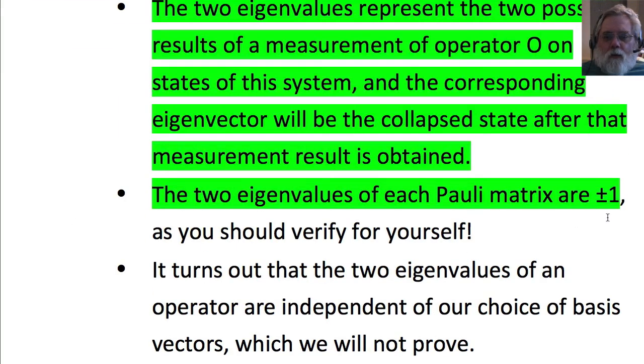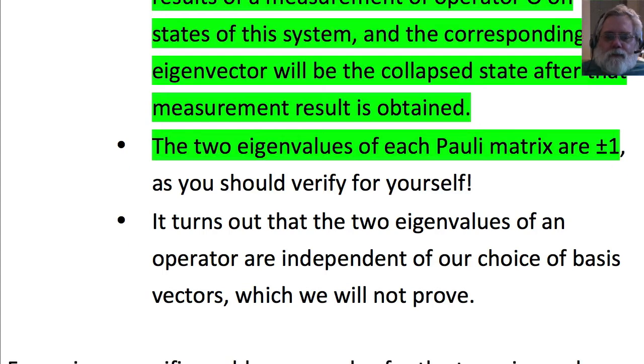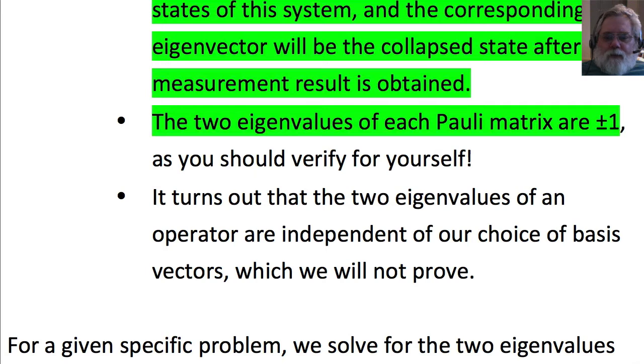And they're always plus or minus 1, and that's important to why we choose the Pauli matrices that way. It turns out that the two eigenvalues of an operator are independent of our choice of basis vectors, but we're not going to prove that.